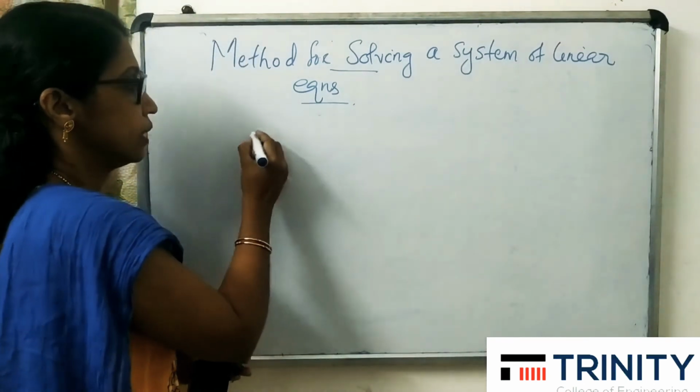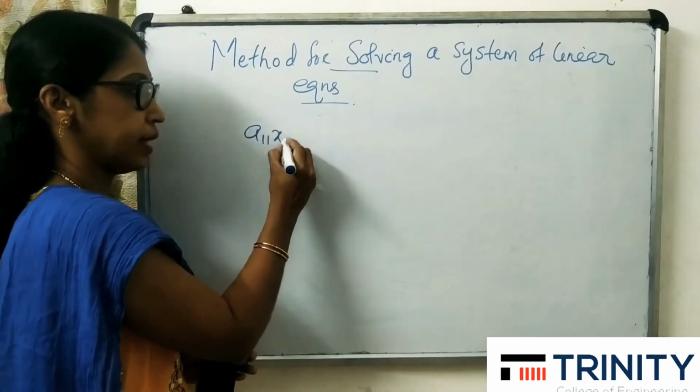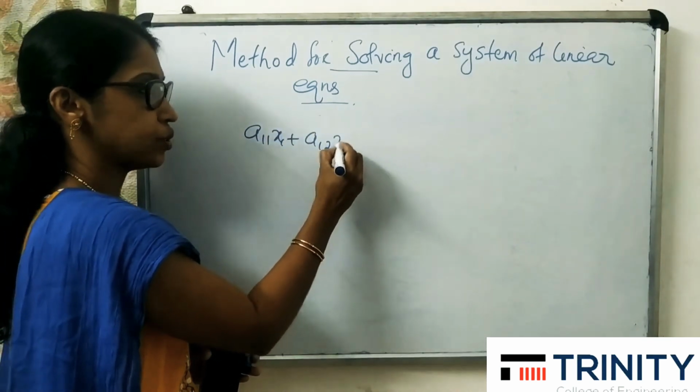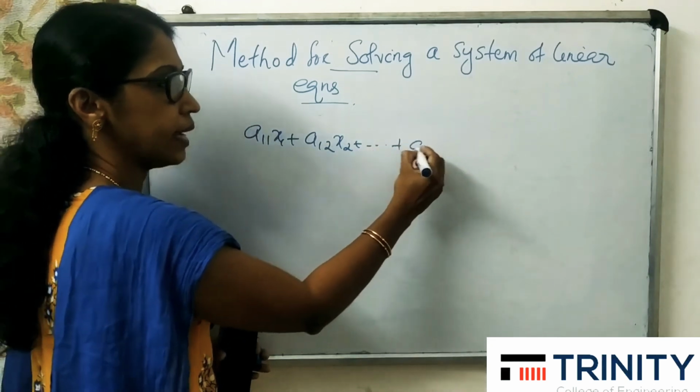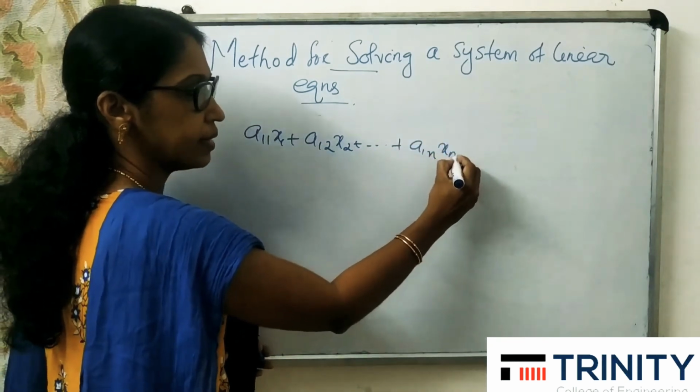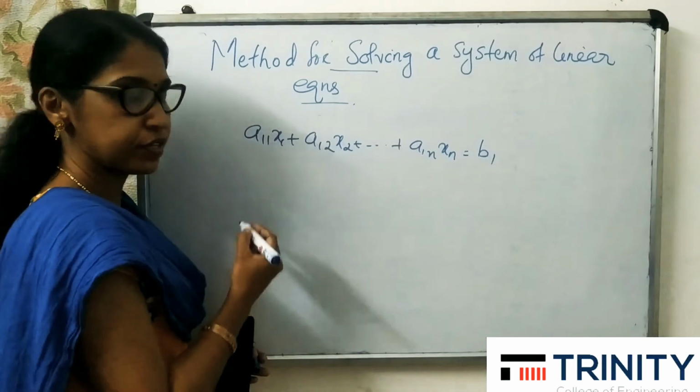The equations are of the form a11x1 plus a12x2 plus etc. plus a1nxn is equal to b1. First equation.